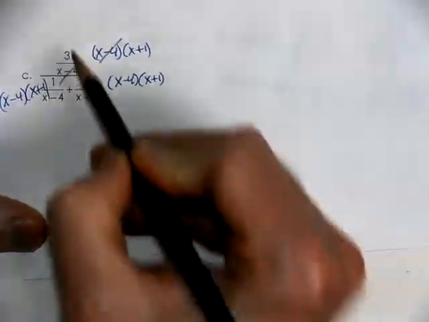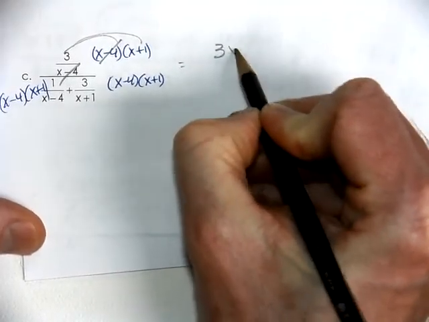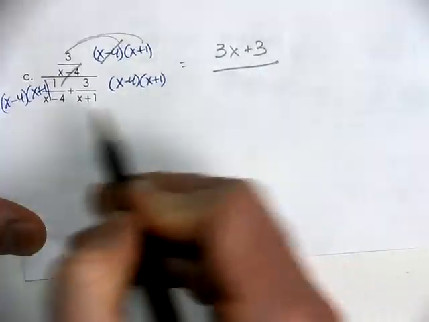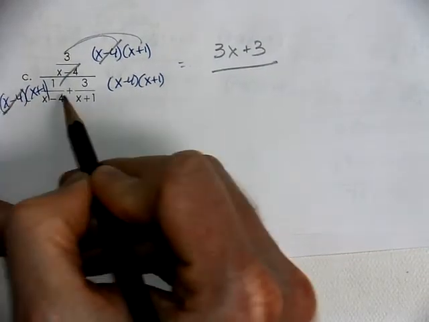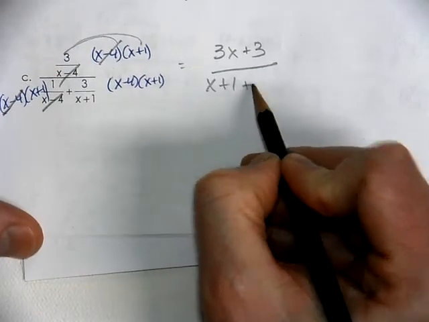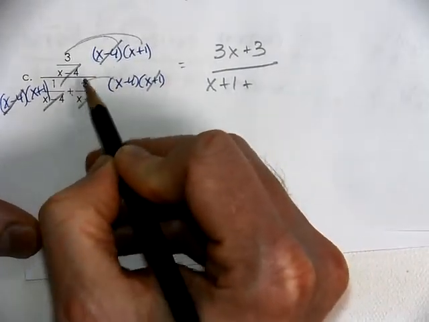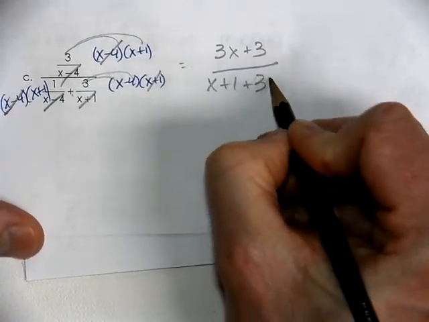So we cross off here, we distribute through, and we get 3x plus 3. X minus 4 is cross off, we leave with x plus 1, plus 3x minus 12.